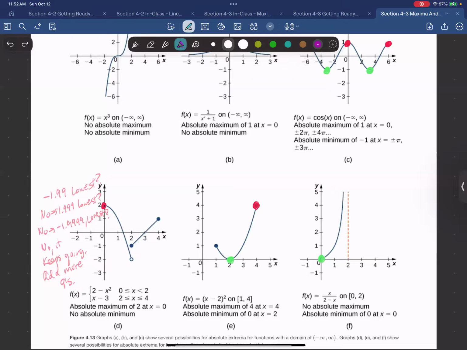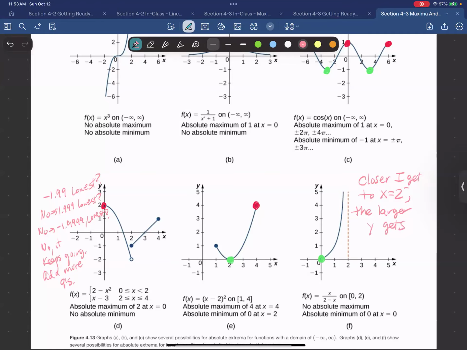Here, we have a min at 0, where the minimum is 0, but notice this is following an asymptote. So the closer I get to x equals 2, and I'm going to say 2 from the minus side, the larger y gets.